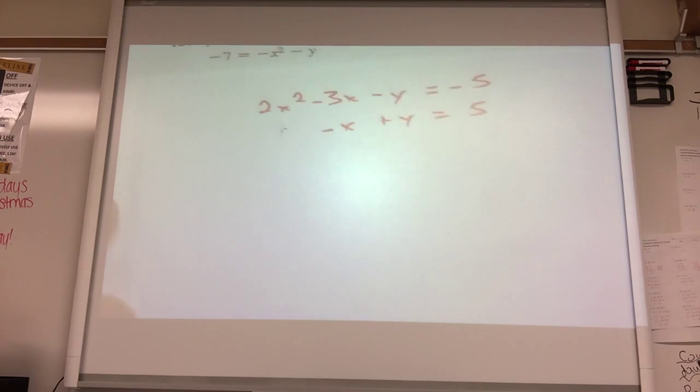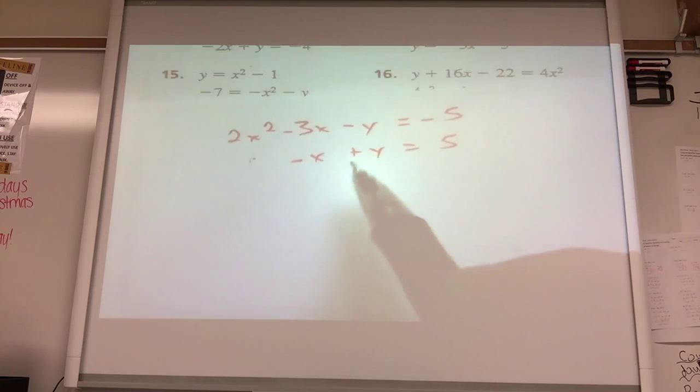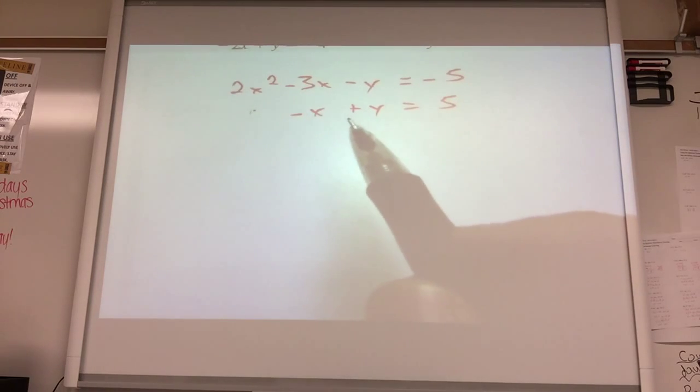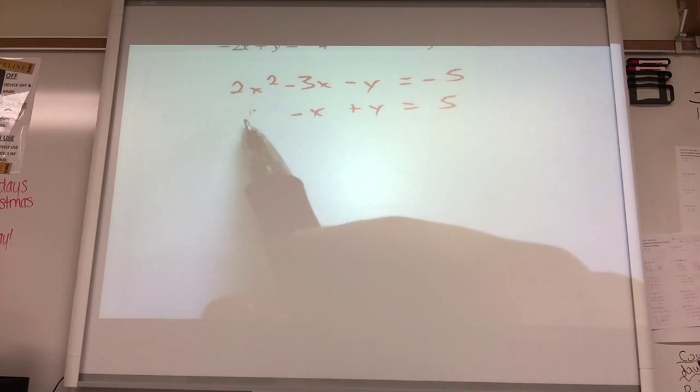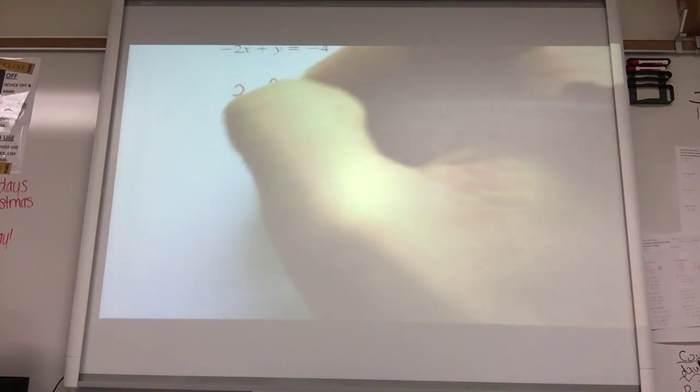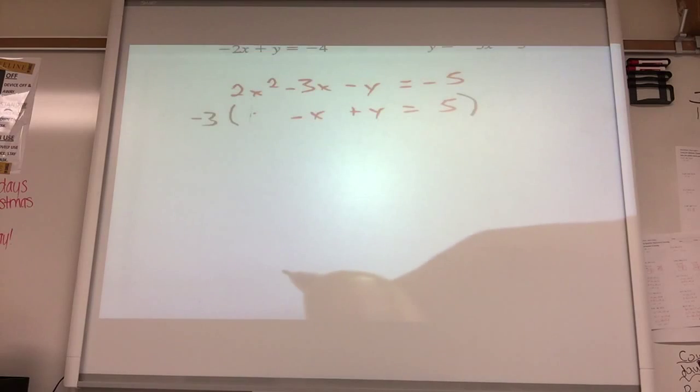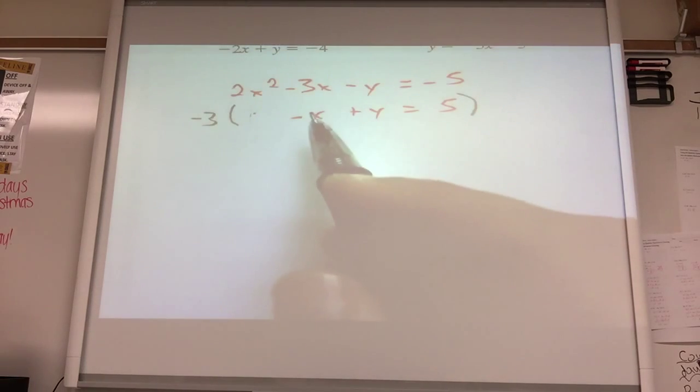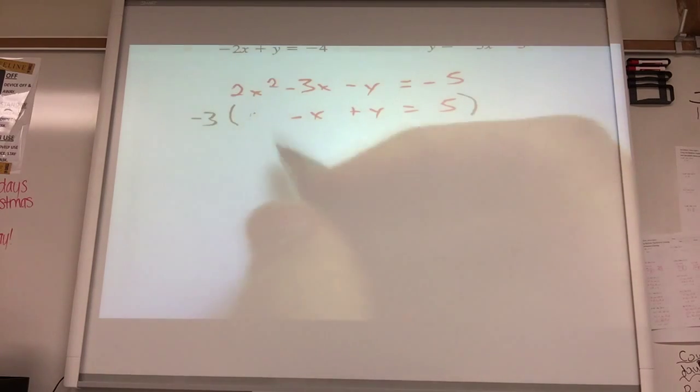Now remember, elimination is the idea that you can multiply an entire equation by some constant so that when you add them together, they eliminate. I could eliminate my x's by multiplying this bottom equation by negative 3. I'm going to erase everything I'm doing right now in a second, but I'm just explaining the concept.